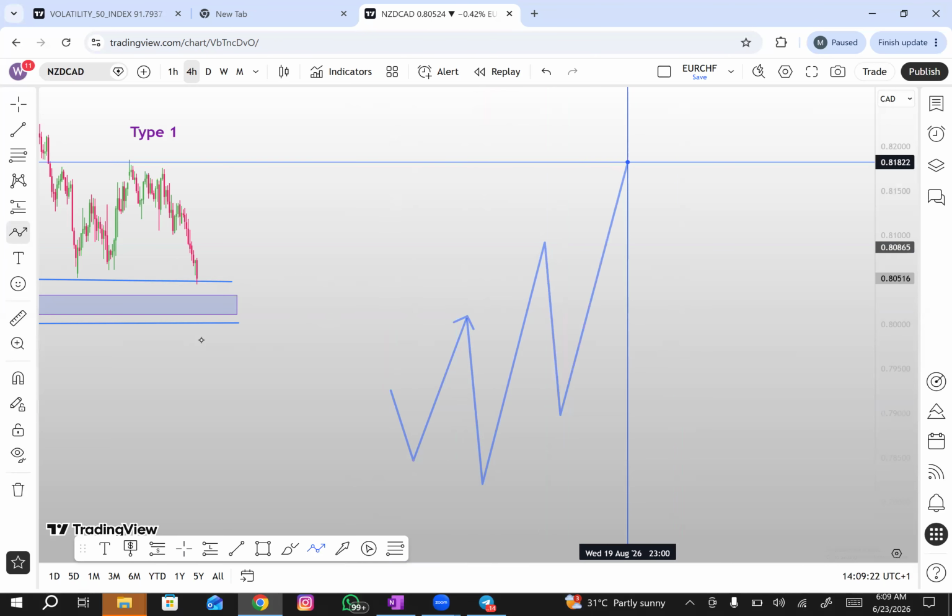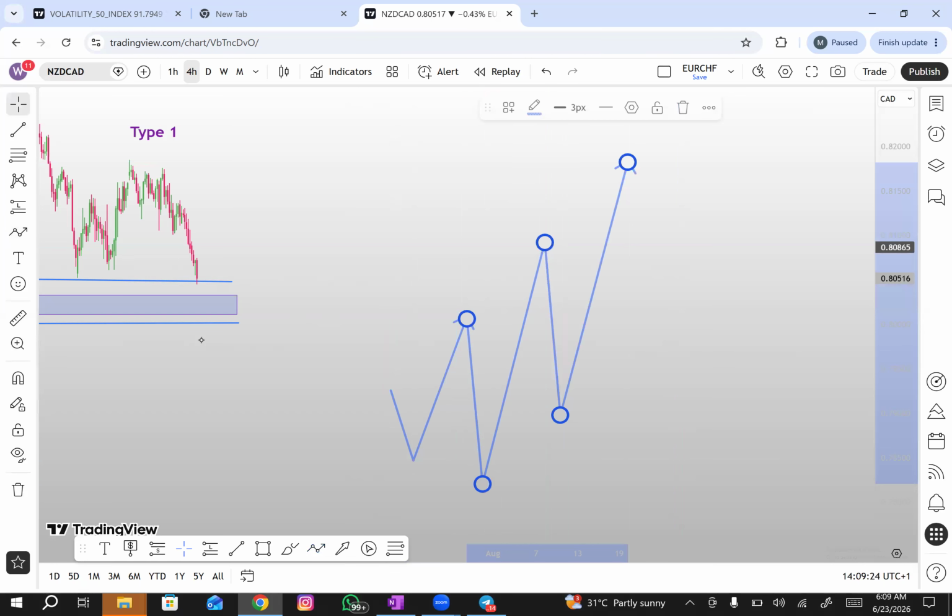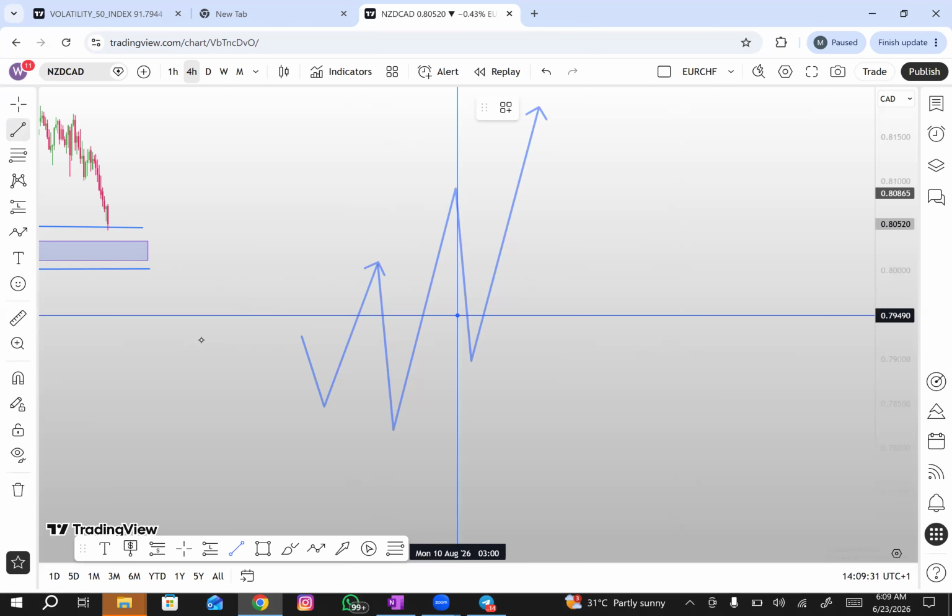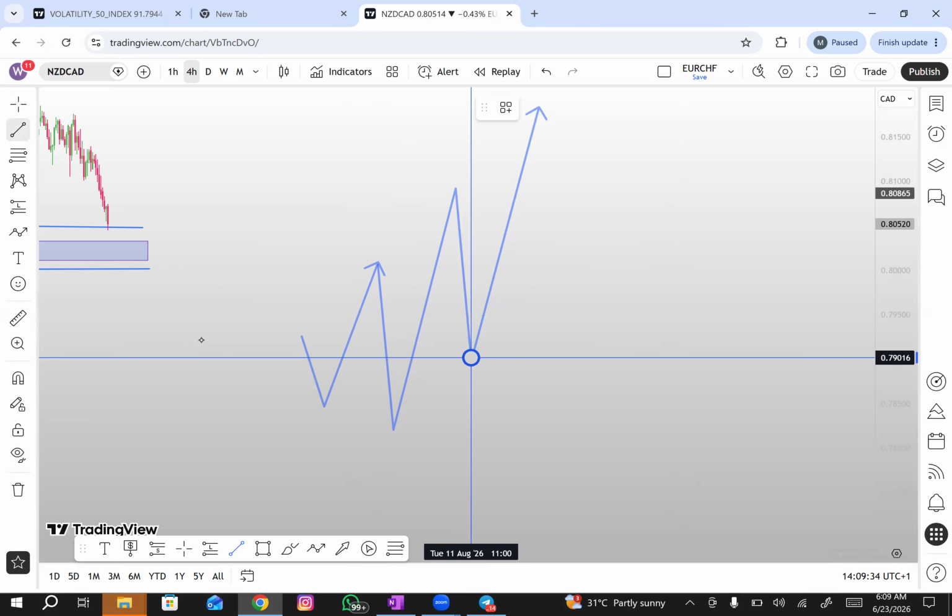This is algo market structure. This is our structural liquidity.